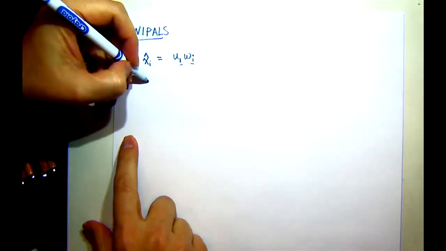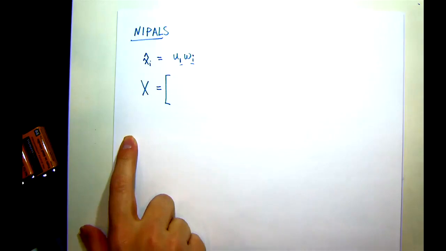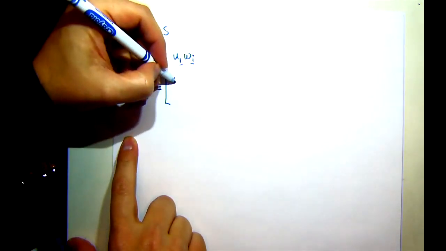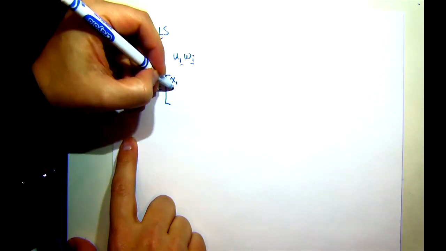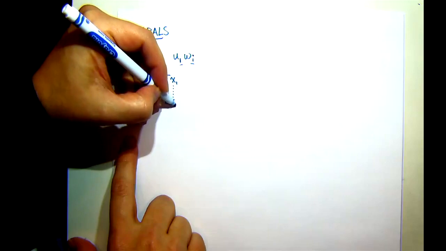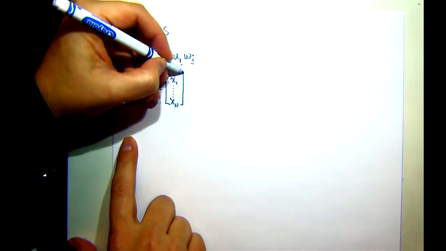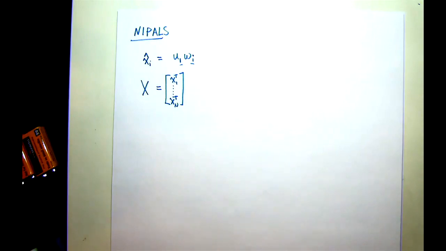So let's consider a data matrix, which is just all of our data. Remember we always consider our data as column vectors. However, for historical reasons, when we build a data matrix, all the data is rows. So each row is an individual data item, and then the columns are features.